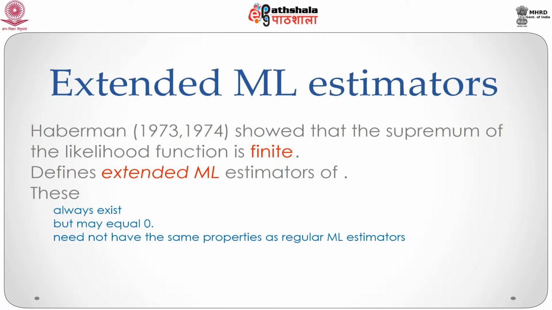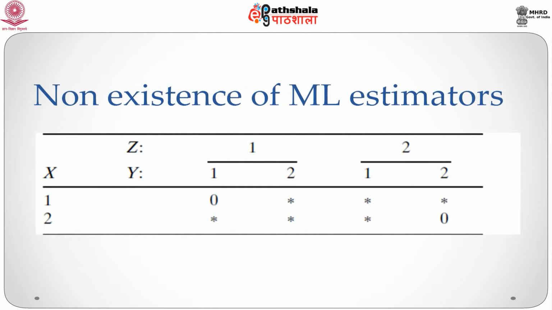And because they can fall on the boundary, they need not have the same properties as regular ML estimation. This is an example of data for which ML estimates do not exist. The example has been provided by Regression in his book and in the chapter on modeling contingency tables.